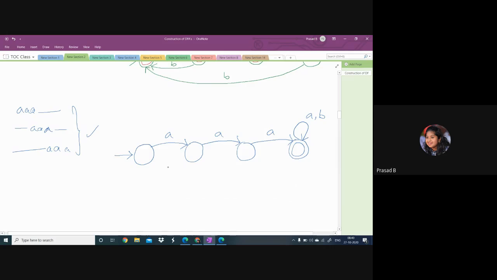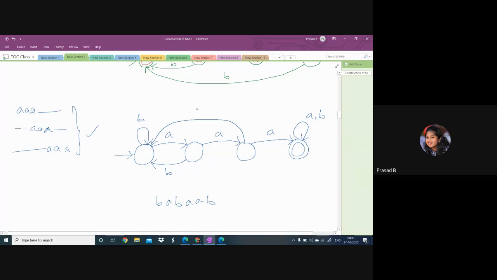In the initial state, if B comes, we stay in the initial. If A comes, we go forward. In the second state, if B comes, the order is disturbed, so we come back to the initial. From initial, A goes to the second state, again A goes to the third state. Now if B comes, again the order is disturbed, so whenever the order is disturbed, come back to the initial.